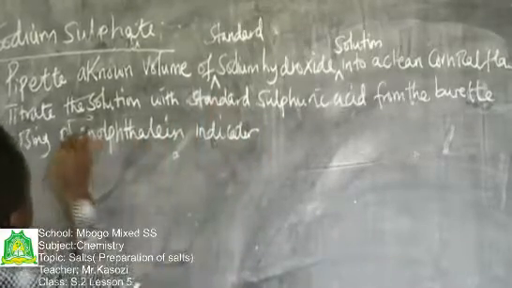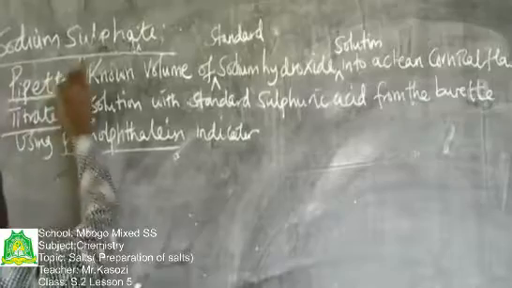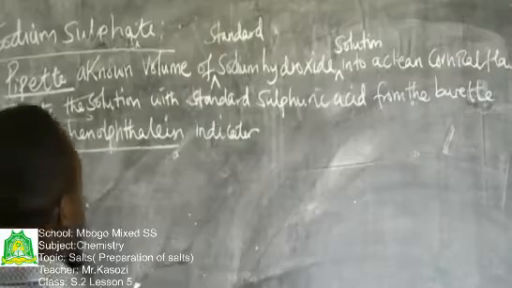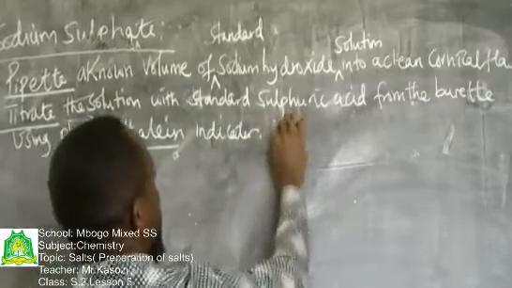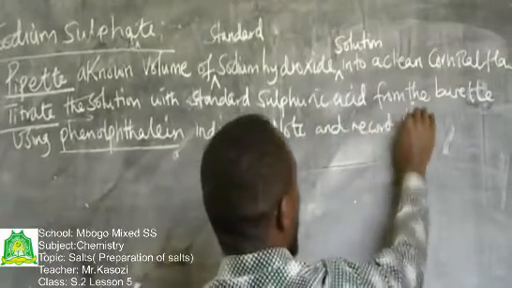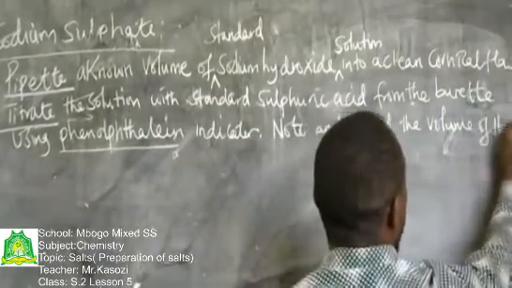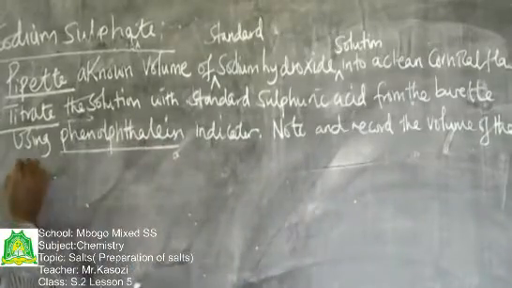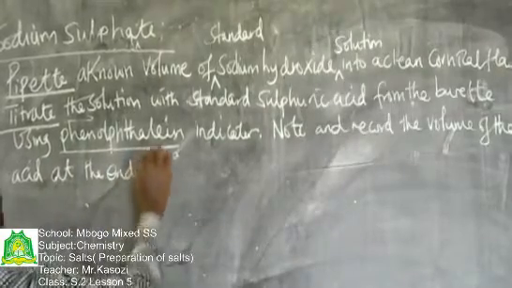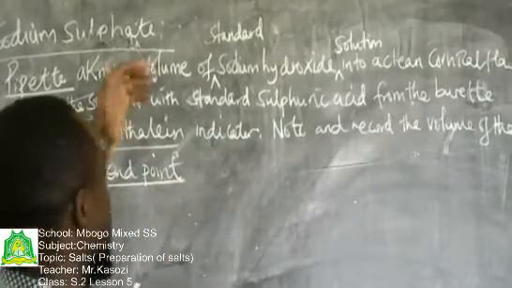So this indicator will help you to know which volume of the acid is required to neutralize the base, the volume of the acid required in the reaction. From there, note and record the volume of the acid at the end point.